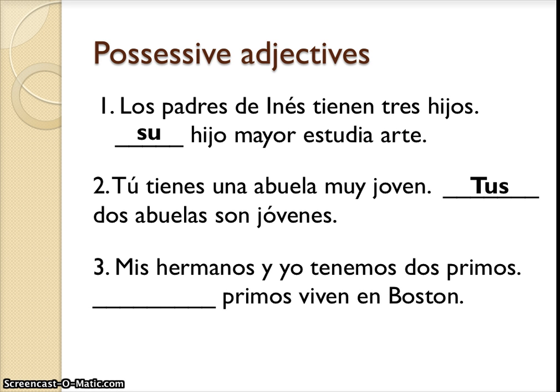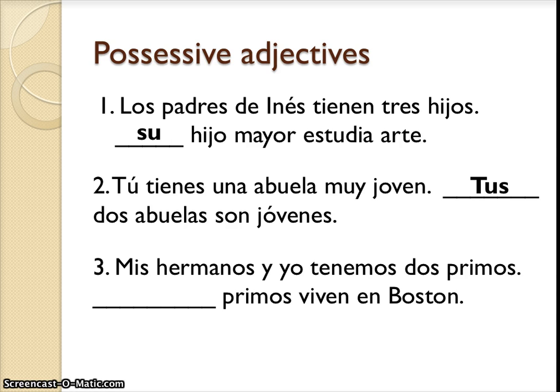Mis hermanos y yo tenemos 2 primos. Blank primos viven en Boston. Mis hermanos y yo, my brothers and I, tenemos 2 primos. We have 2 cousins. Blank primos, something cousins, viven en Boston.